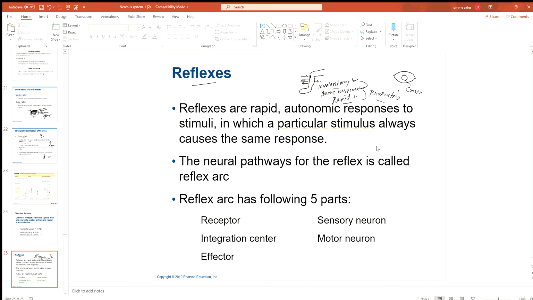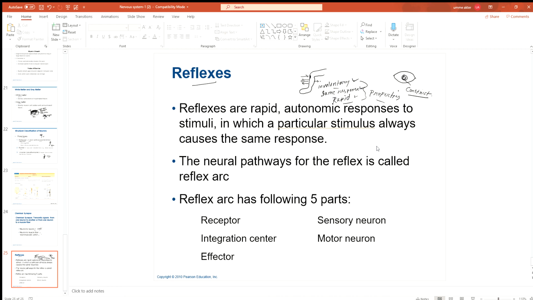Constriction means the pupil will get smaller, right? To limit the entrance of the light. You don't do that. It happens by itself when light falls on the eye, and every time it will get small, not sometimes big, sometimes small. So same type of response and immediate, very fast.